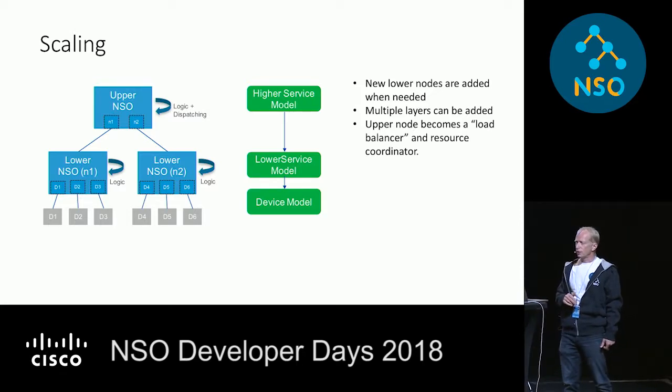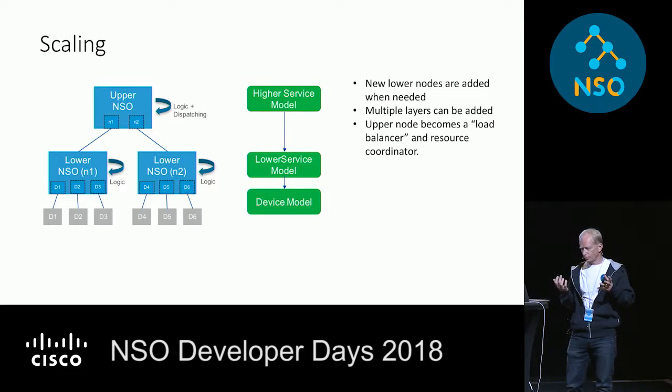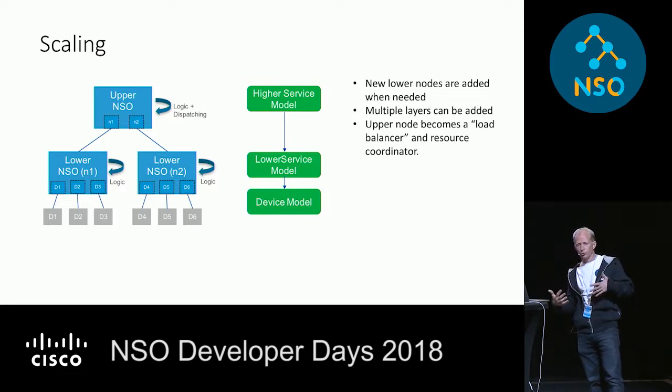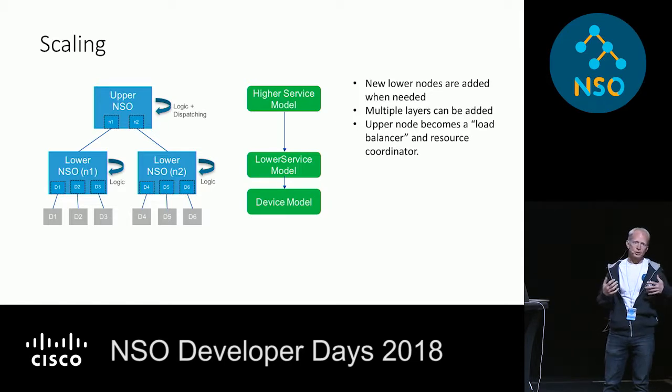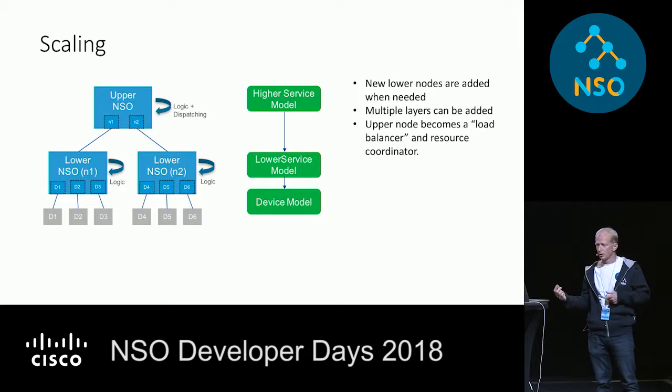So suppose you have a 2-layer NSO LSA setup. You can now scale this. Of course, in the lower layer, you can just add new nodes, but at some point you want to extend the lower layer.